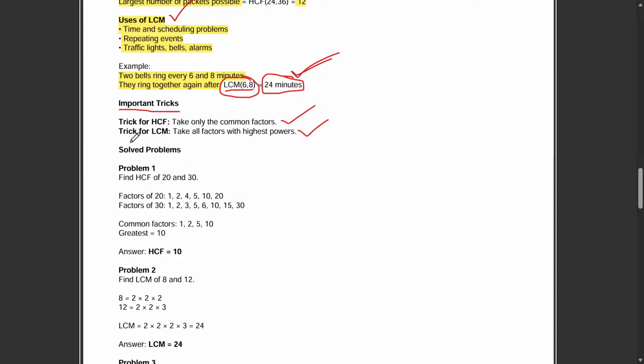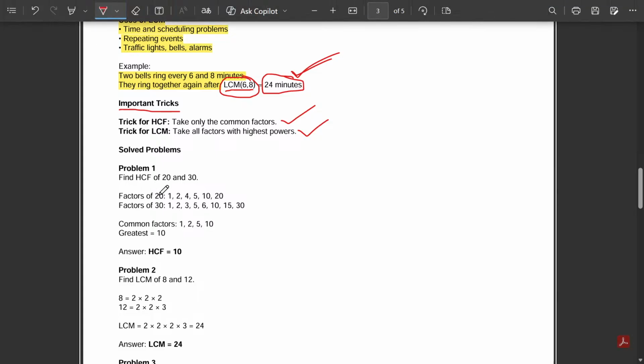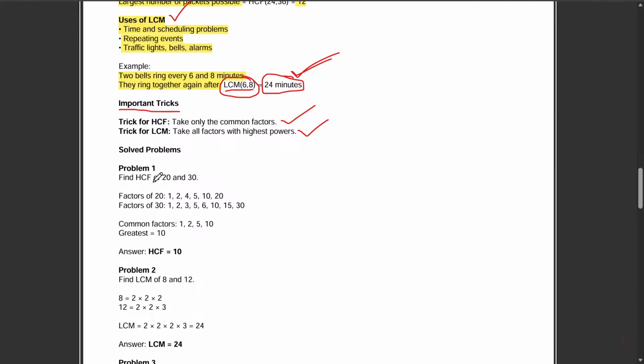So here are some problems. Problem number one, find the HCF of 20 and 30. Factors of 20, that is 1, 2, 4, 5, 10, and 20. If we divide it by 2, then we get 10.